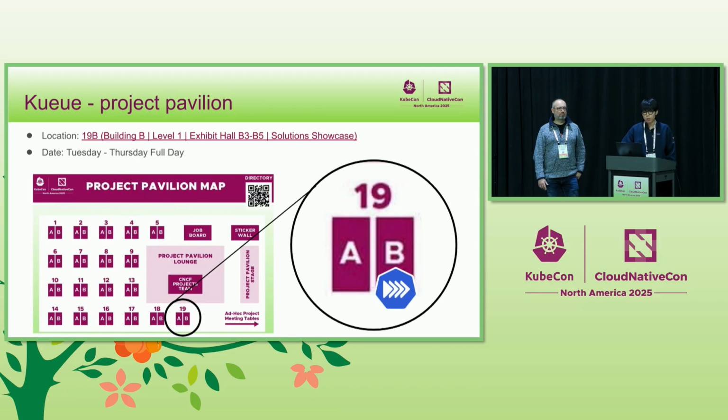If you have any questions or discussions on Kueue, we should have maintainers in this session room as well. And there's also a Kueue pavilion around the solutions area where you can meet and discuss with Kueue maintainers.